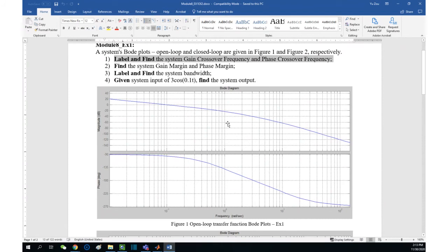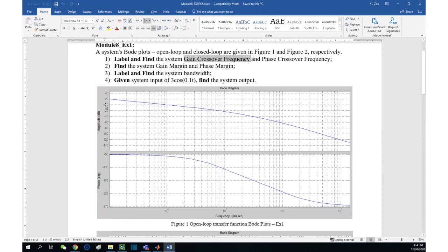So here, omega GC, once again, if you check your notes, means the frequency at which you're reaching 0 dB, right? Therefore, where is it? 0 dB is here, right?